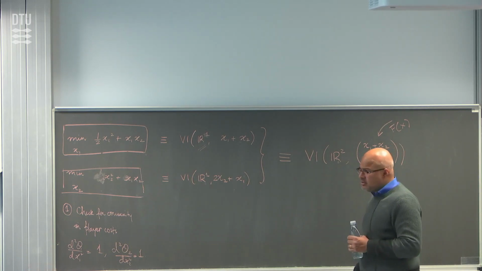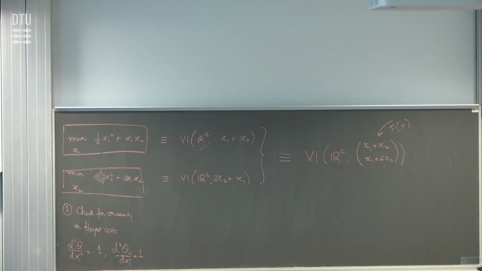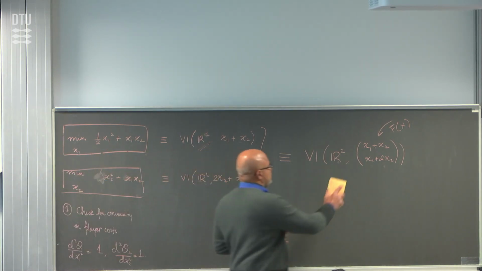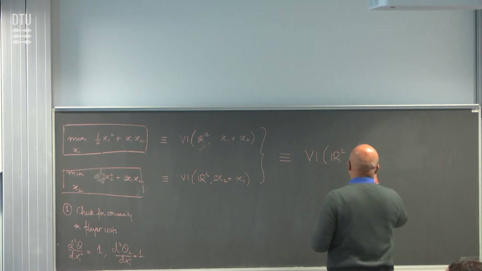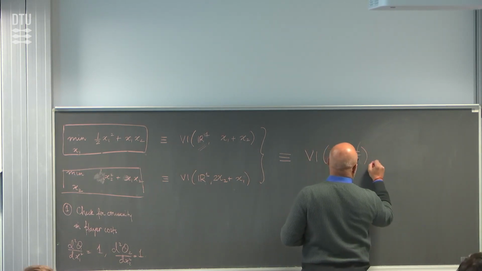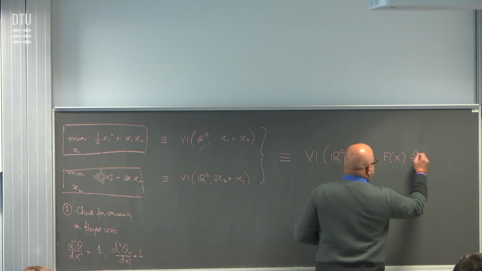So now this is an important step, right? At this point, I'm going to observe that this mapping, let me just write it. I'm just going to call this capital F of x, where F of x is defined as this.